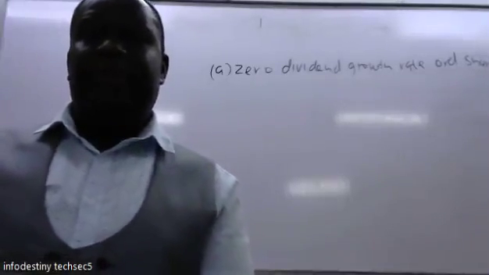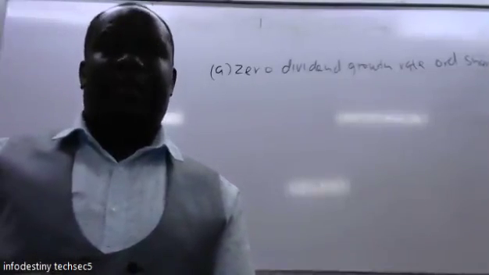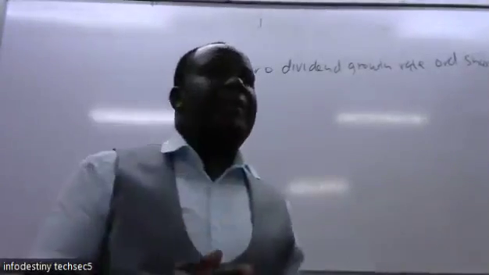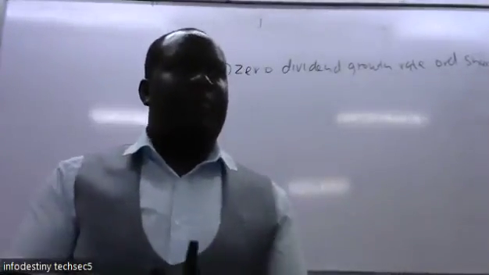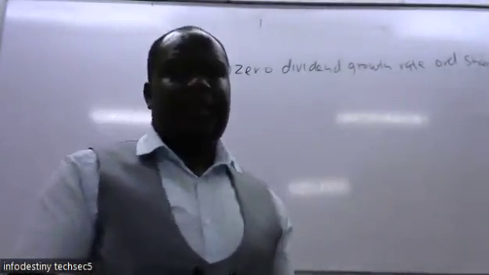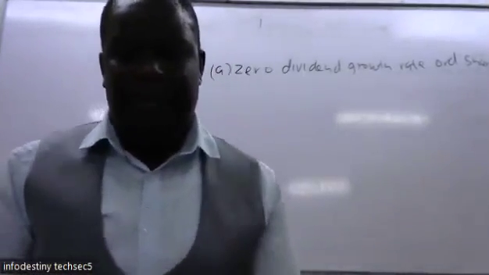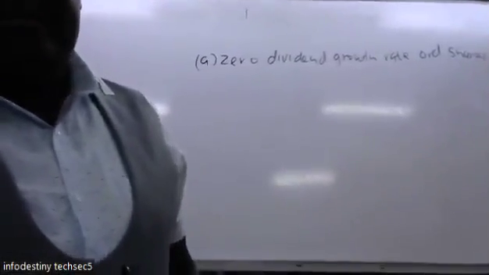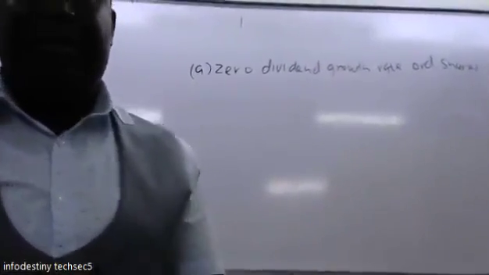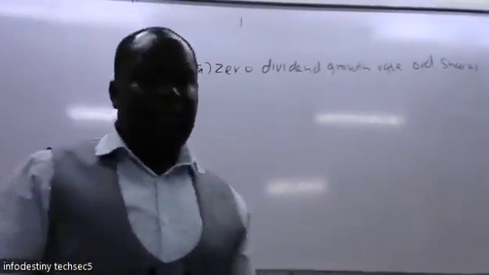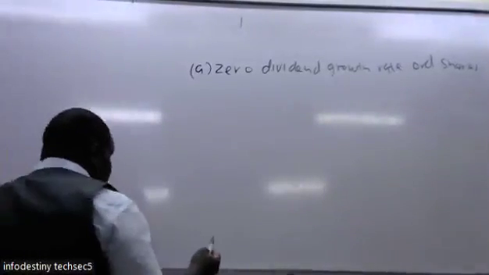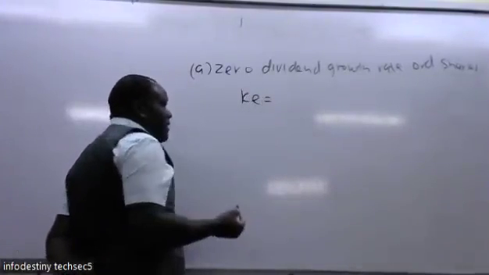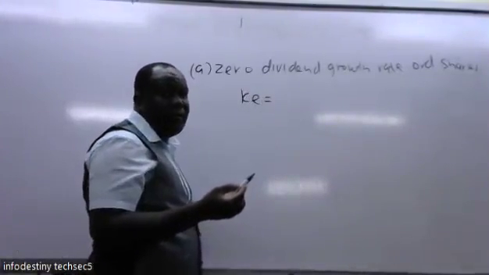So I will simply be giving you the formulas on how to calculate the cost of the ordinary share, because you already know them. The dividend pattern will remain constant; the dividend will not change. So in the case of zero dividend growth rate ordinary shares, KE will be the cost of the ordinary share.